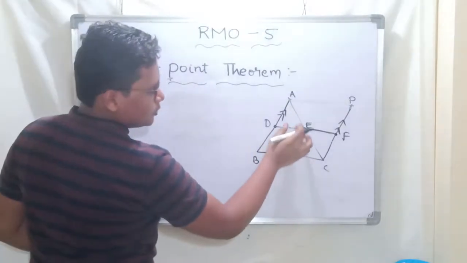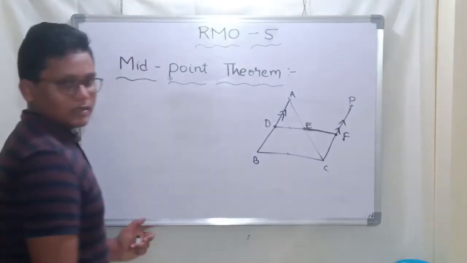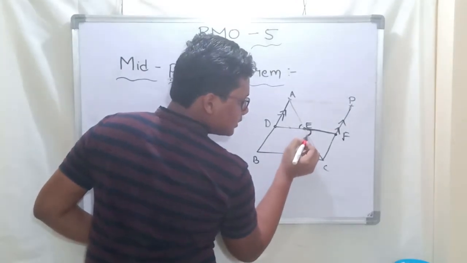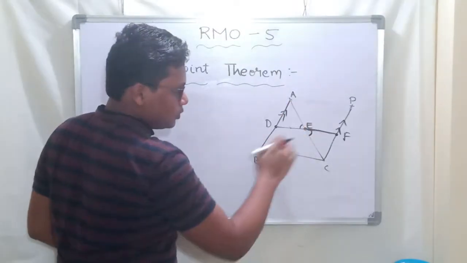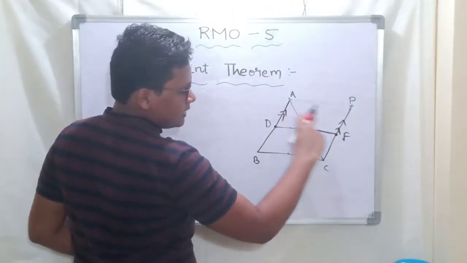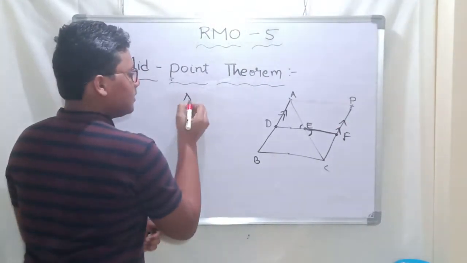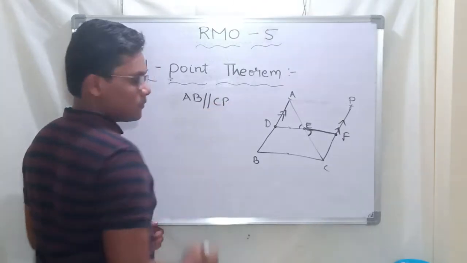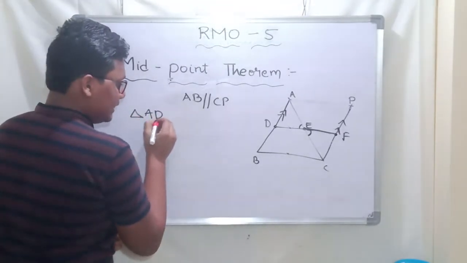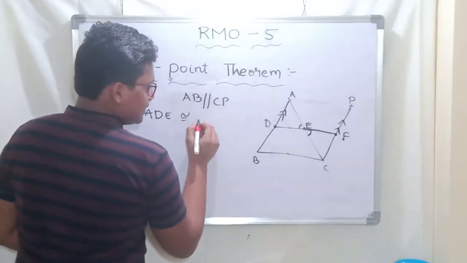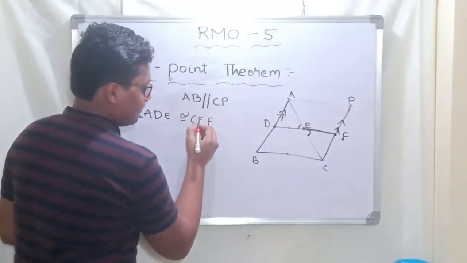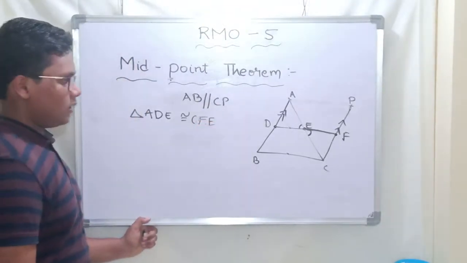Now, these two triangles, ADE and CFE, are congruent because these two are opposite angles, they are equal, and AB is parallel to CP with a transversal line.